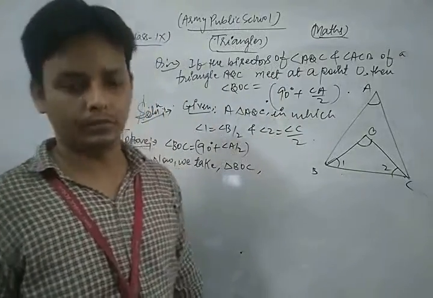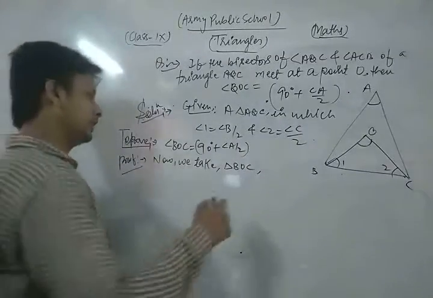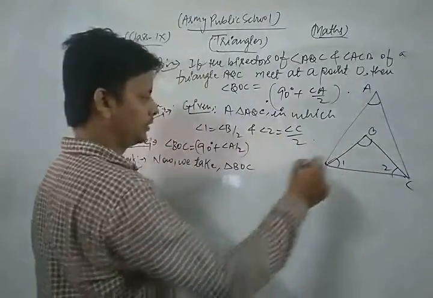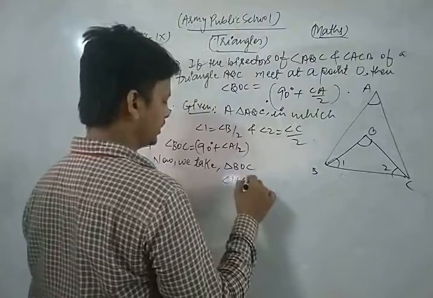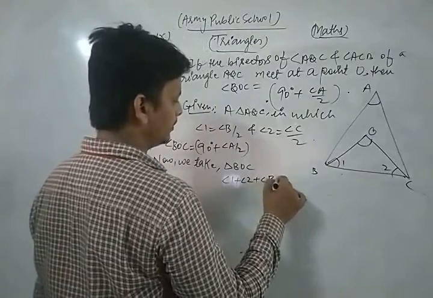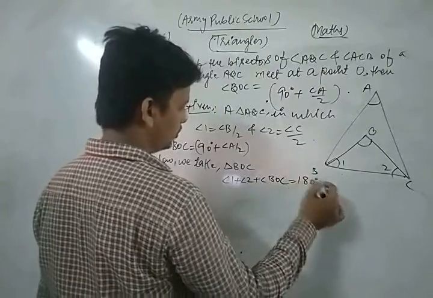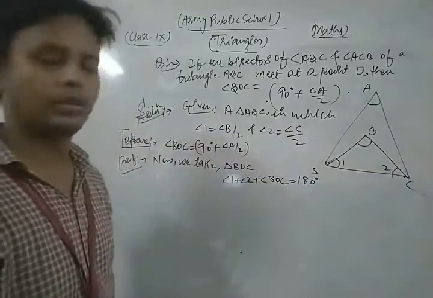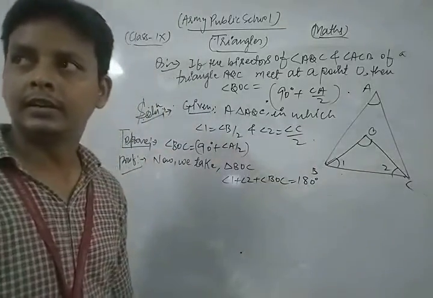In triangle BOC, the sum of all angles, angle 1 plus angle 2 plus angle BOC, is equal to 180 degrees.